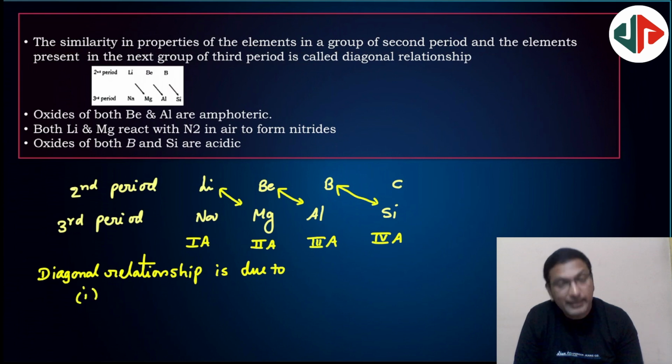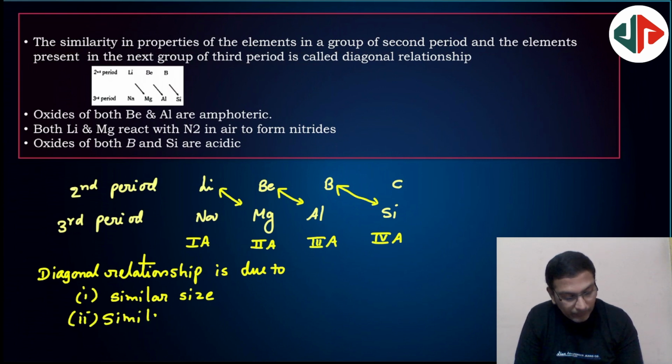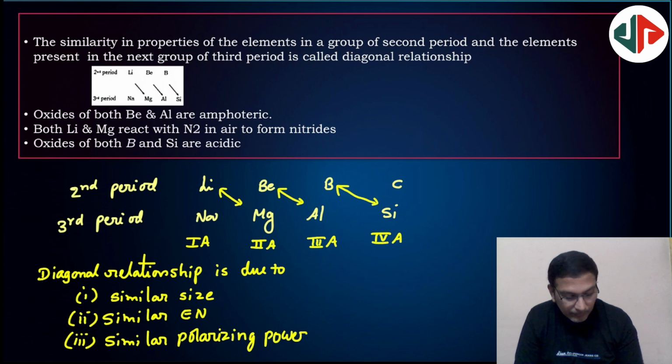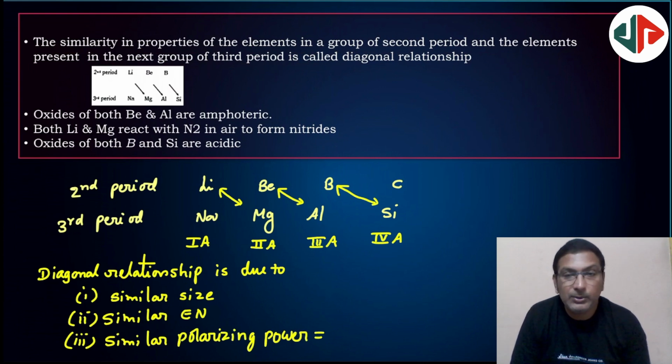due to the following reasons: similar size, similar electronegativity, similar polarizing power. So due to these three reasons, elements will be exhibiting diagonal relationship.